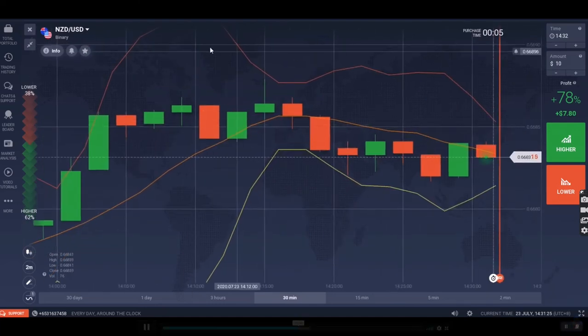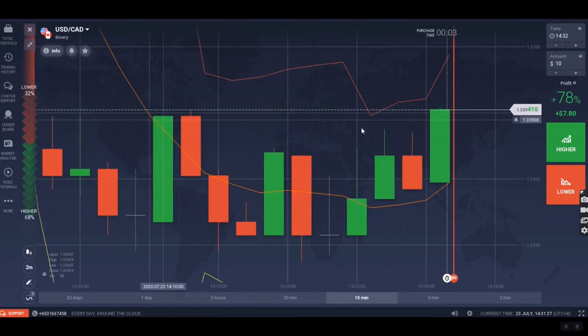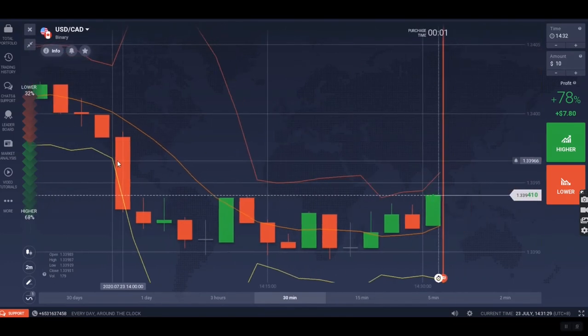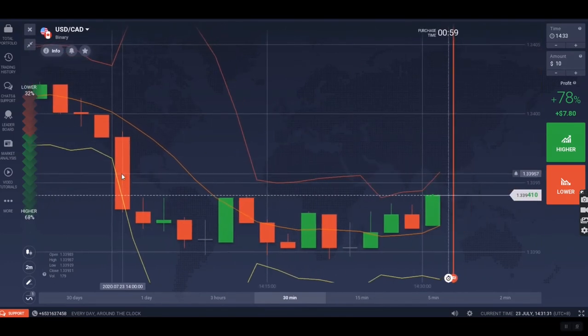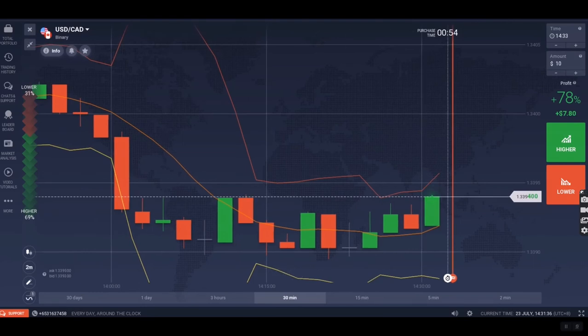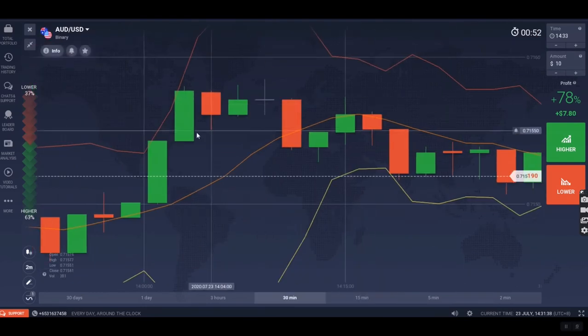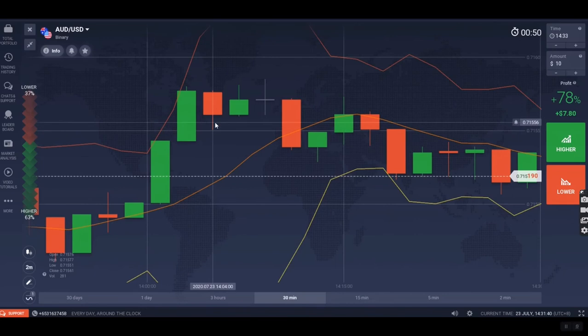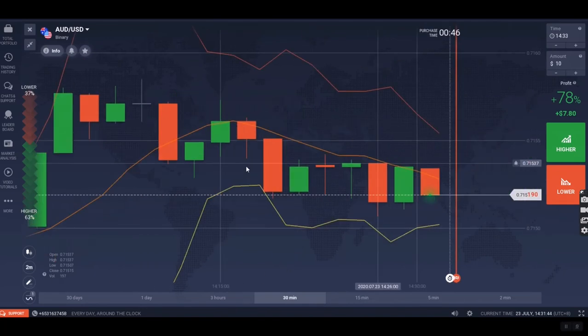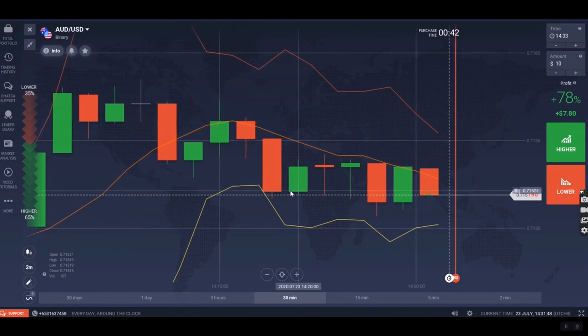Nothing over here. Fourth currency, 2 p.m. here. We have our 7th winning trade. Nothing over here. Moving on, 2 p.m. we have another one, level 2. 8 winning trades. A little bit crossing here, that's 9 winning trades at level 1.